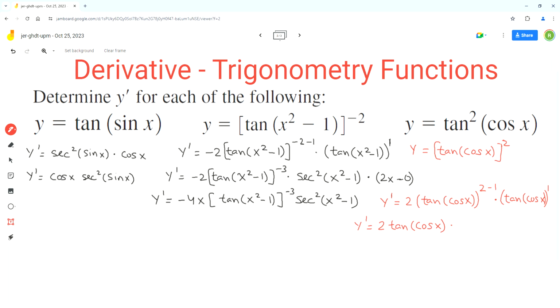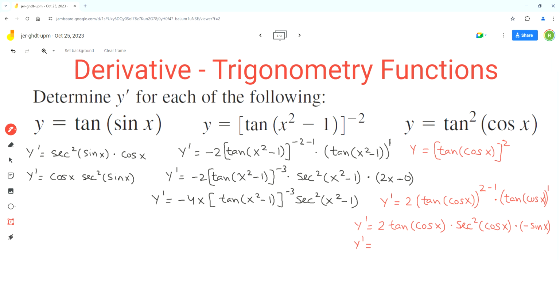So now we have to use the chain rule. So the outer function is tan and the derivative of tan is secant squared, times the derivative of the inner function. The inner function is cos x and its derivative is minus sin x. Now we can multiply the terms.